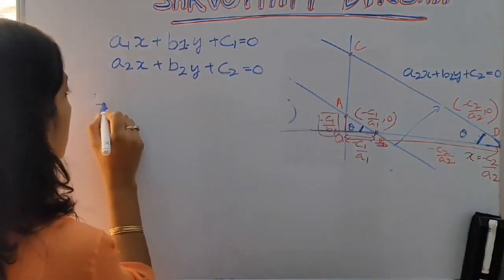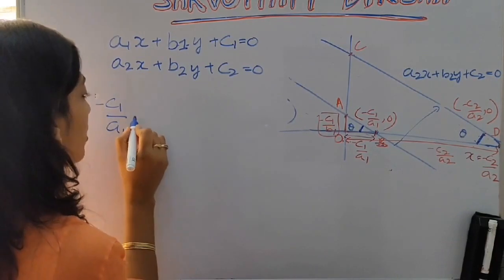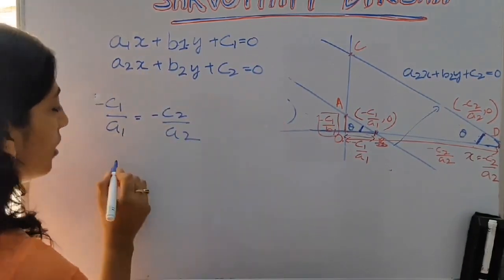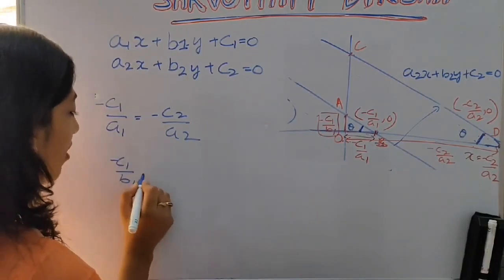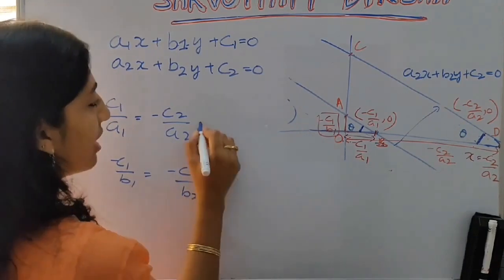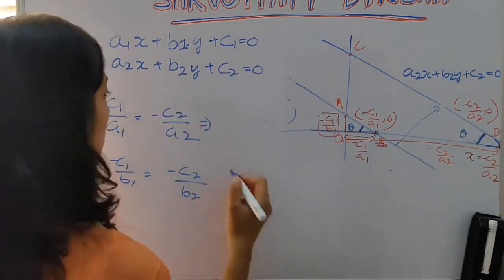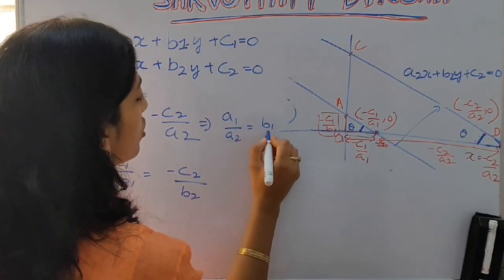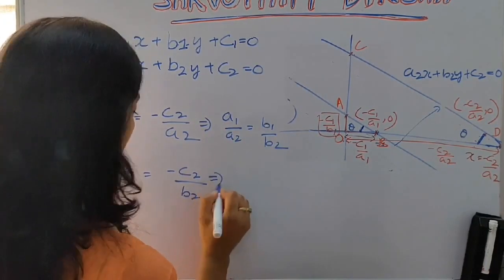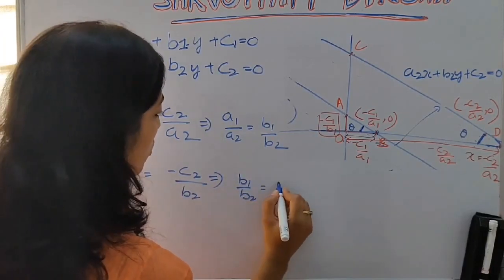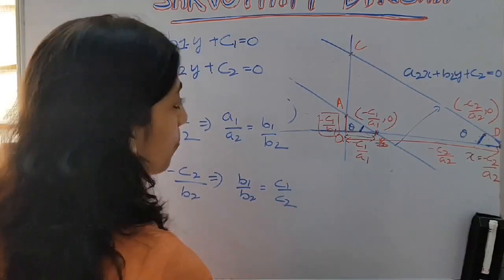In that case, my C1 by A1 should be equal to C2 by A2, and my C1 by B1 should be equal to C2 by B2. If I simplify it as I have done before, I will get A1 by A2 should be equal to B1 by B2, and here also my B1 by B2 should be equal to C1 by C2.